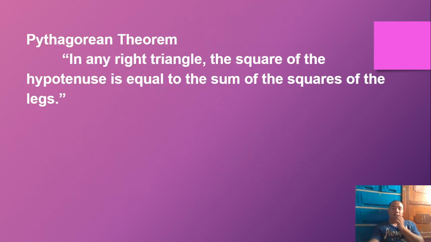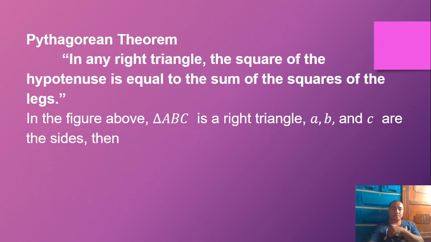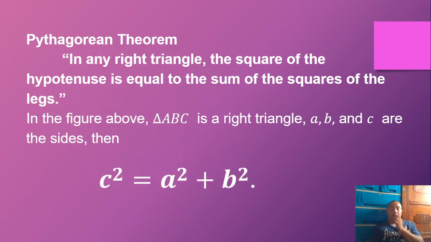What is the Pythagorean theorem? In any right triangle, the square of the hypotenuse is equal to the sum of the squares of the legs. In the figure above, triangle ABC is a right triangle, and a, b, and c are the sides. Since side a, side b, side c are in small letters, these are the sides. From the Pythagorean theorem, the square of the hypotenuse, which is c squared, is equal to the sum of the squares of the legs.